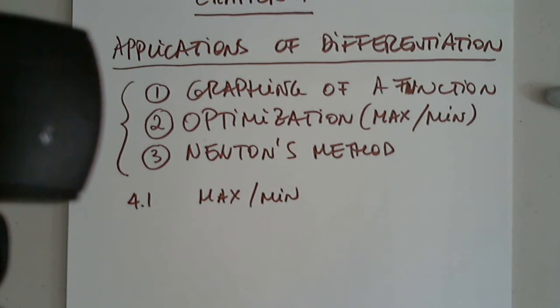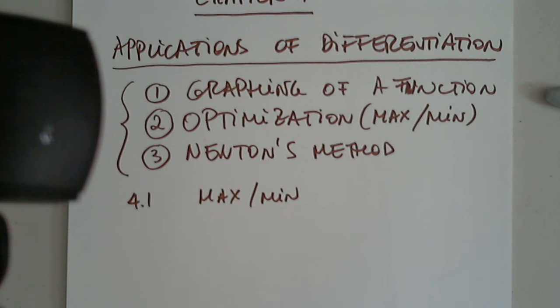So in 4.1, you can open on section 4.1, and let's choose a function, because there are a few items that I need to discuss, and then we'll choose other types of problems.